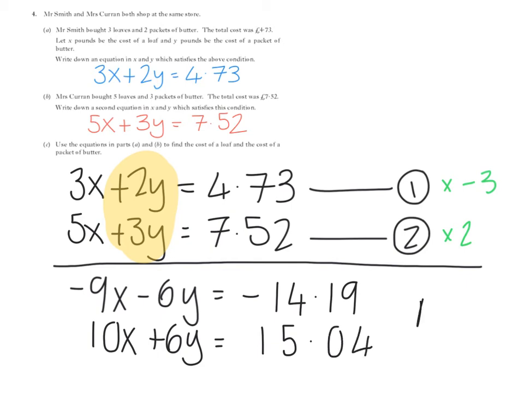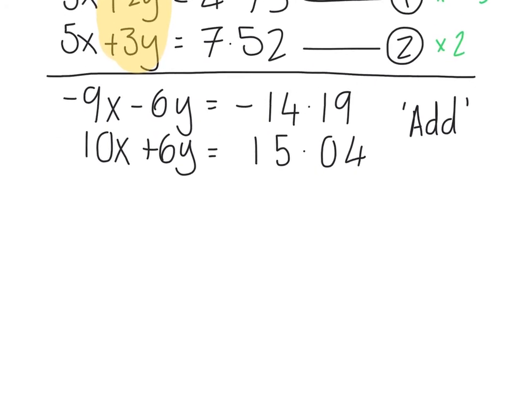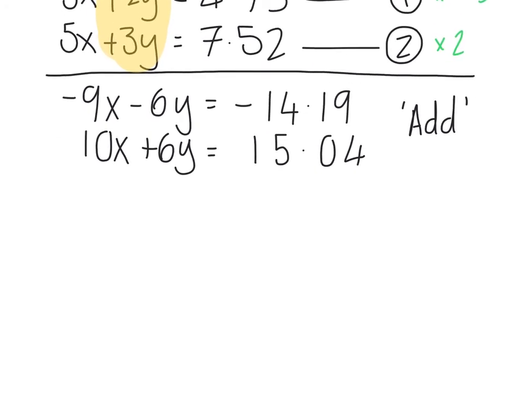So what we want to do now is add them together. When we add, the negative 6y and 6y will cancel out and be eliminated. So negative 9x add 10x is x, and negative 6y add 6y, those two cancel out. Then we have negative £14.19 add £15.04, which is £0.85 or 85 pence.